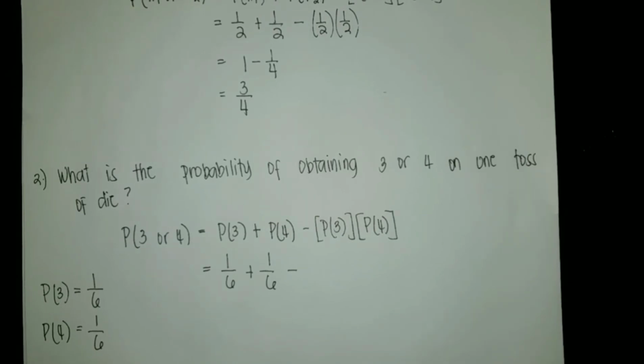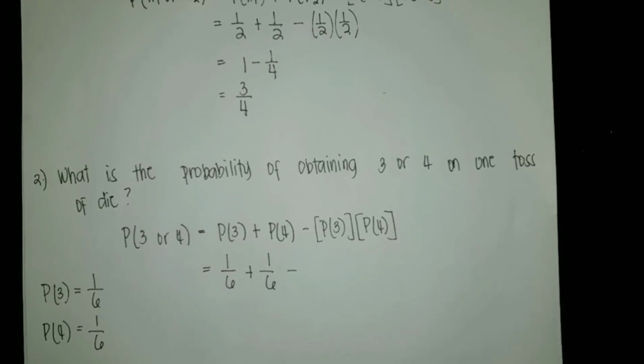On a toss of a die, we cannot obtain 3 and 4 together because they are mutually exclusive events. When we say mutually exclusive events, these are events that cannot happen simultaneously.